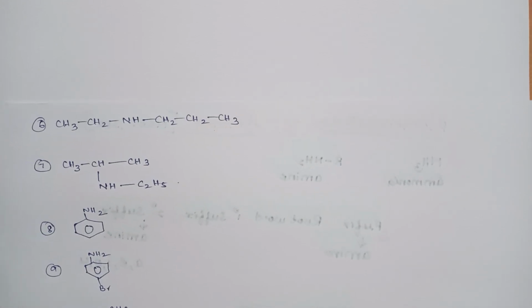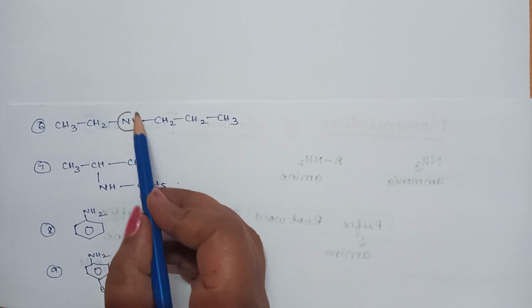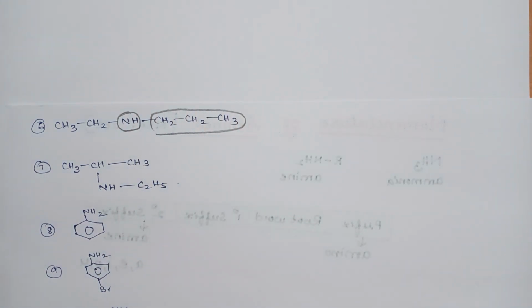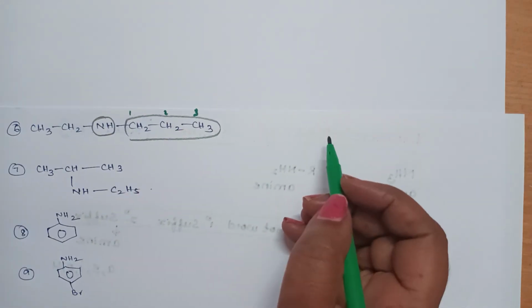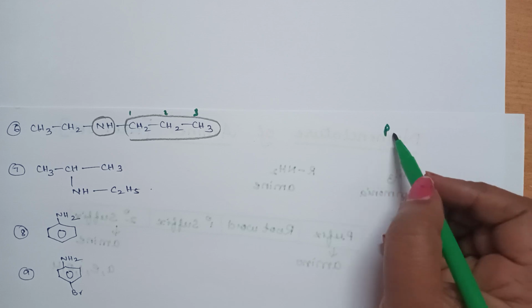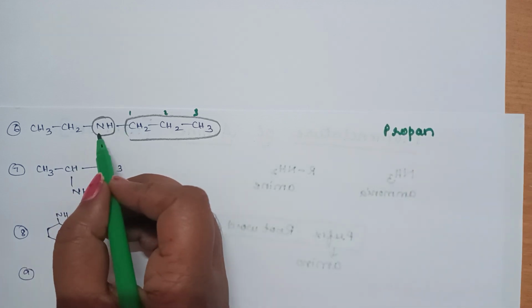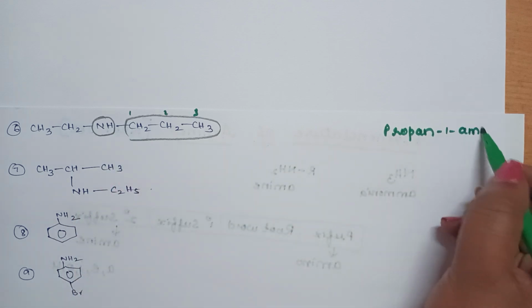Next example. This is the amine group. This is the longest chain. 1, 2, 3. 3 carbon atoms are there. So it will be propane. The amine group is attached to the first carbon, 1 amine.